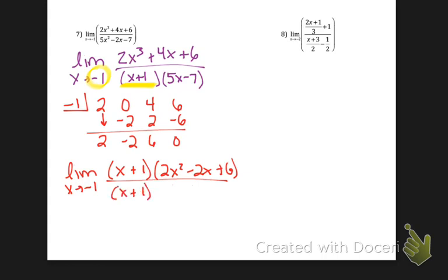Denominator, we have our x plus 1, and then our 5x minus 7. So those x plus 1's cancel, so the problem is gone. That 0 over 0 issue is no longer the case. So try direct substitution, and it looks like we get 10 over negative 12, which would be negative 5 over 6.